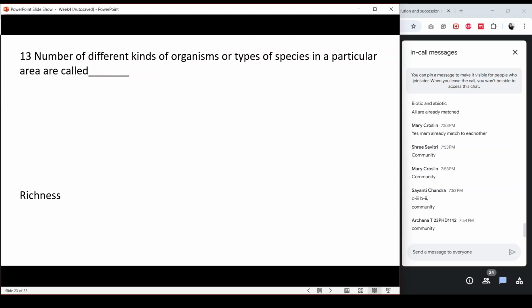Okay, read the question very carefully. I'm not talking about the definition. Here we are talking about the number of different kinds of bacteria. So that is why the answer will be richness.